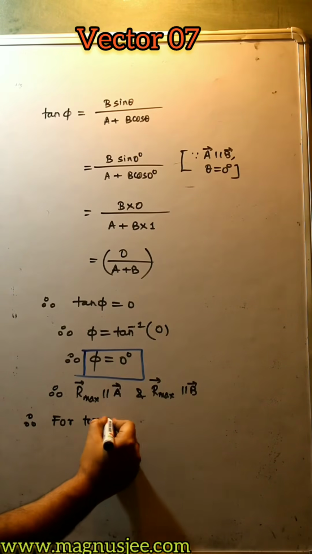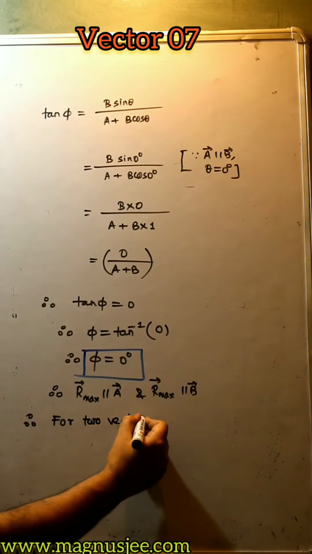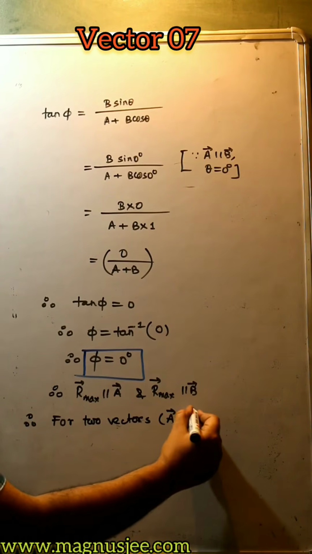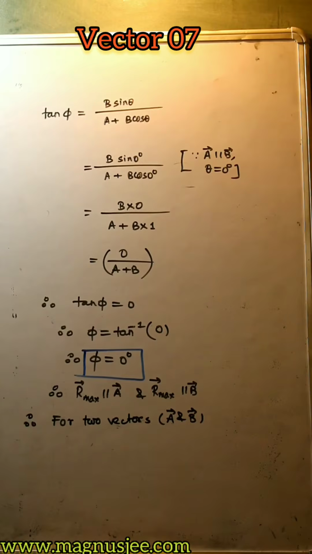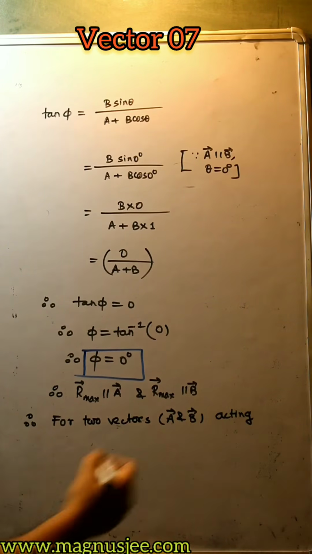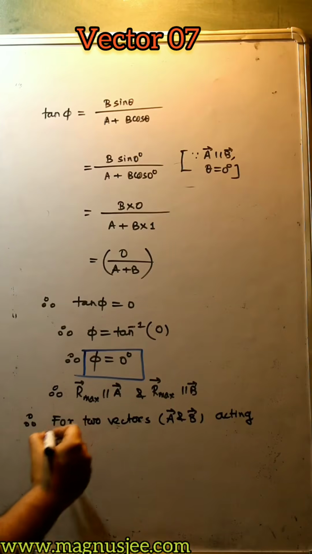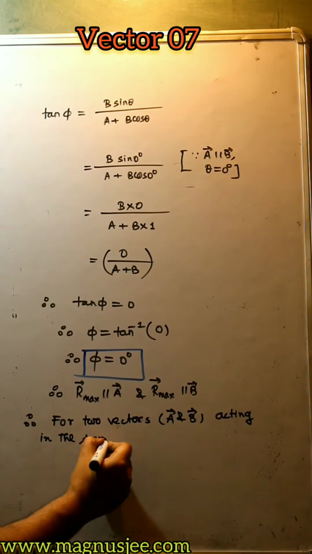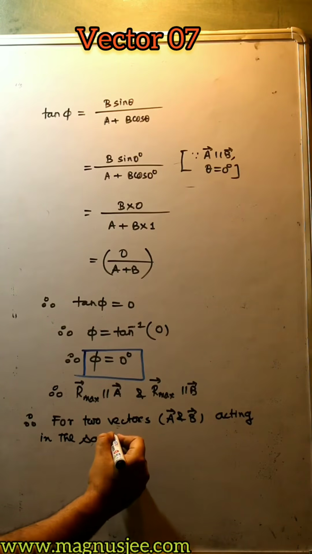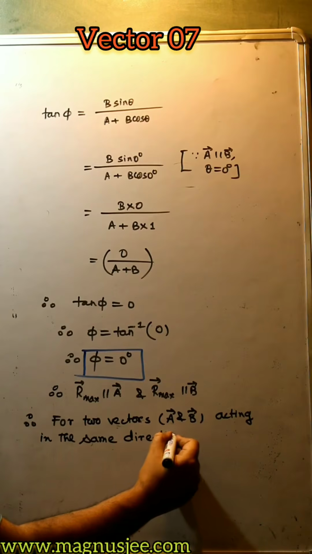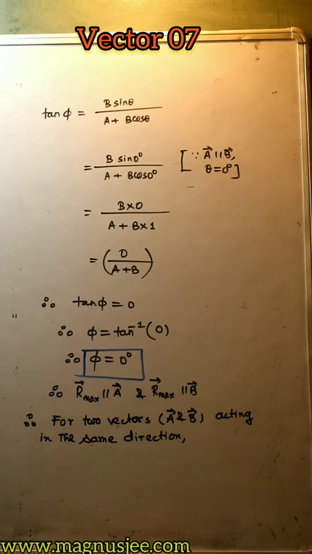So finally we can write for two vectors, vector A and vector B, acting in the same direction. Two vectors A and B are acting in the same direction, means they are acting parallel to each other and along the same straight line.